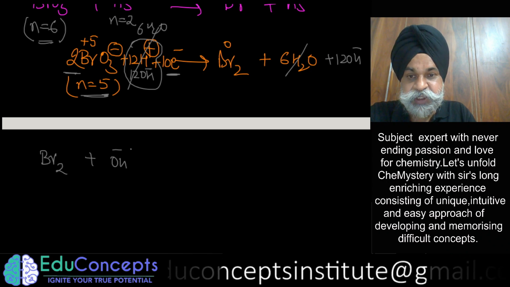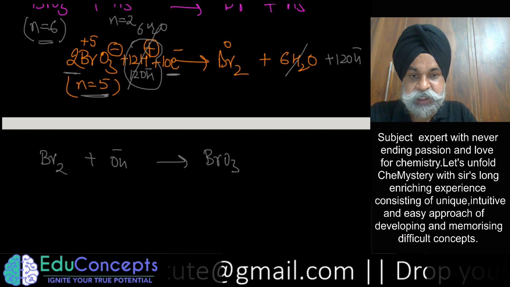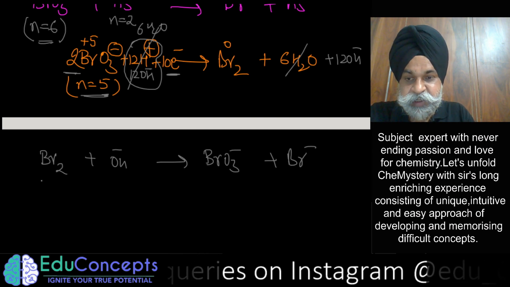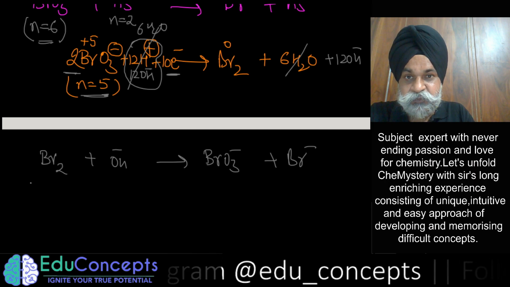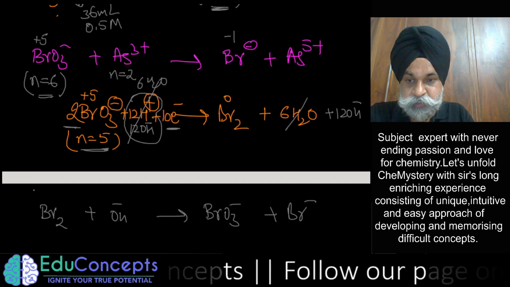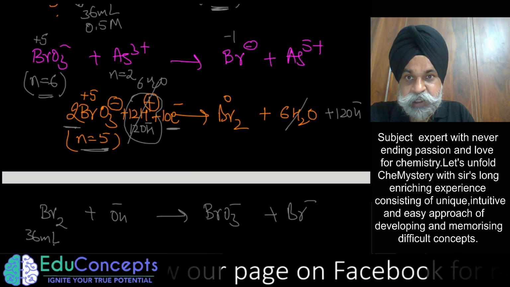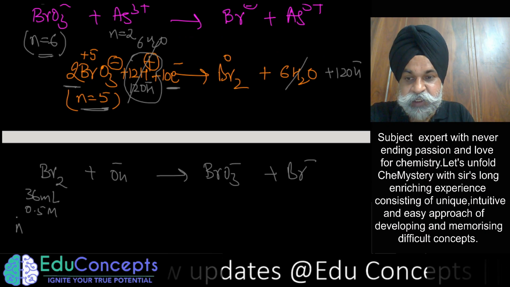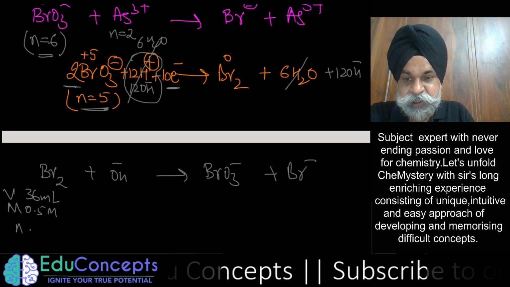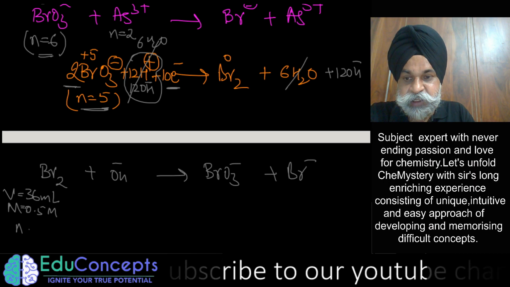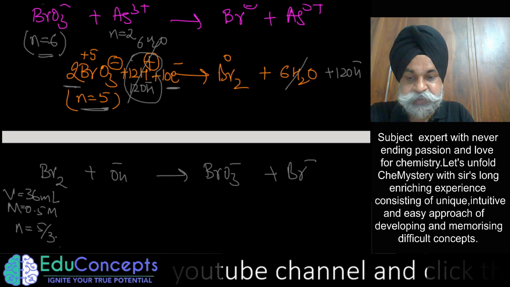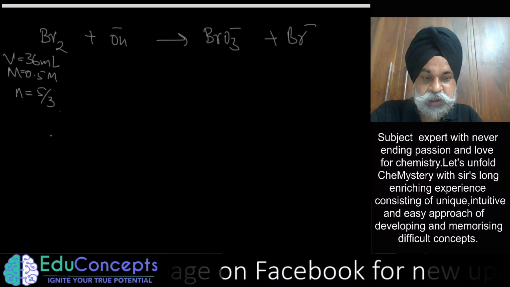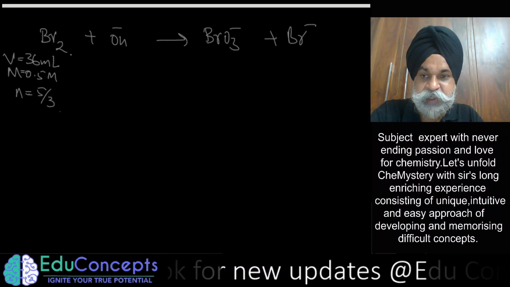Bromine plus OH negative goes to BrO3 negative plus Br negative. So if I write it here, the volume was 36 ml and 0.5 molar, and this is the n factor: this is the volume, this is the molarity, this is the n factor. So the n factor was 5 by 3. Now let us find the number of equivalents in this particular case.